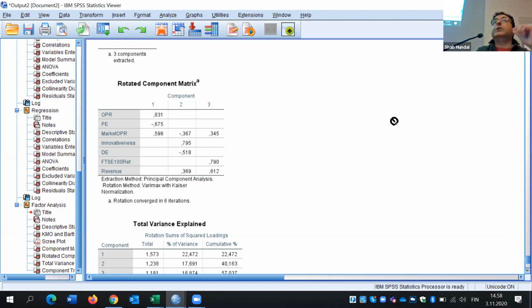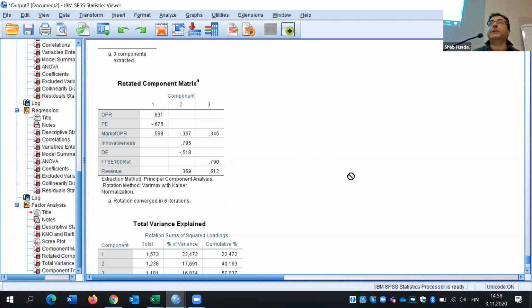First of all, the rule: any variable which is touching more than one construct, we straight away ignore it. We filter it out. We cancel it out. For example, the market operating profit return, can you see, is touching construct 1, construct 2, construct 3?